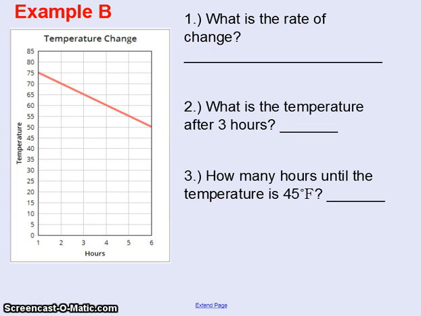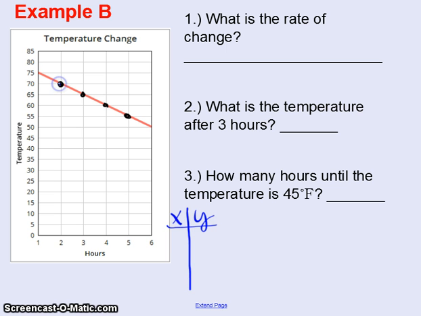Okay, let's try another one. Example B. It says, what is the rate of change? Well, first let's go put our dots on our graph. Where do you see all 3 lines intersecting? I see it here. Okay, this one looks a little easier. Remember, I can set up a table of the values to find my rate of change.